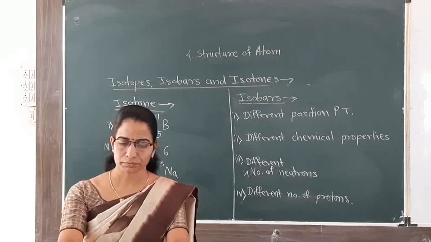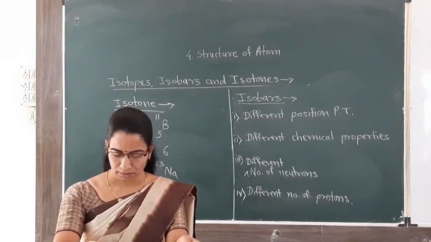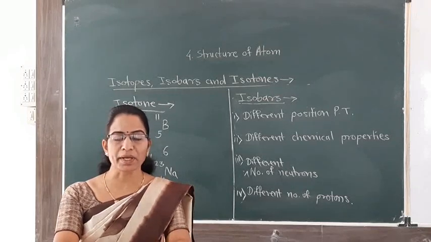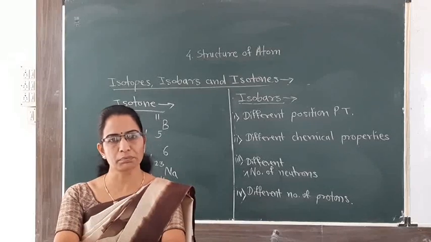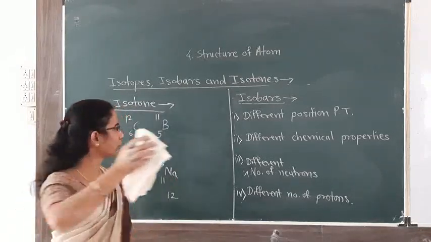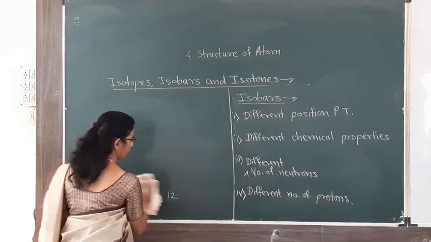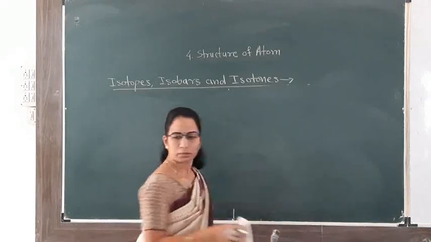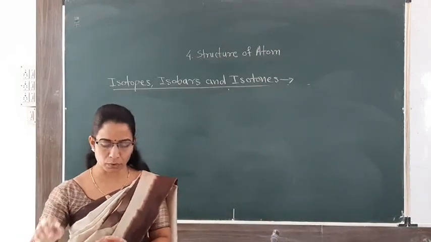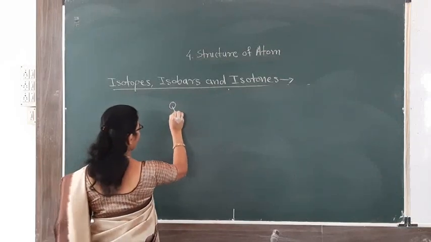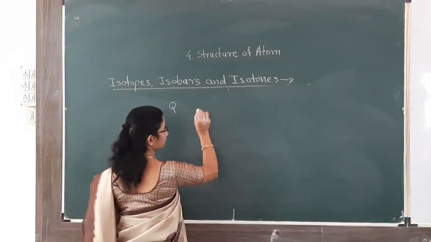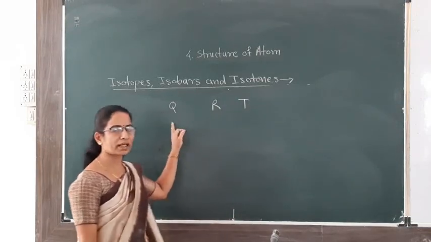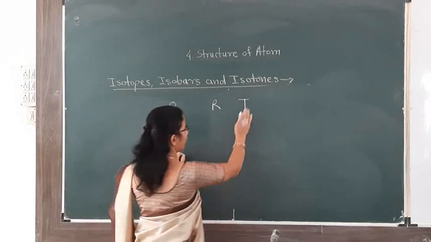Now in exam, the question is asked to represent the elements on the basis of their atomic number, mass number and number of neutrons. I will take one example. This example is given in your textbook. Problem number 4.3. See, 3 elements are given: Q, R and T. Suppose these are the symbols of atoms of 3 elements.